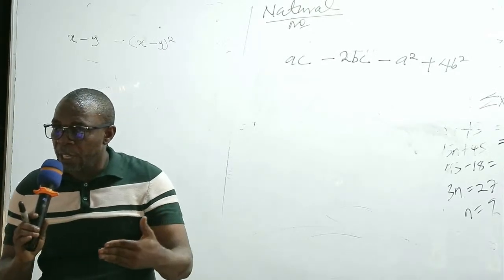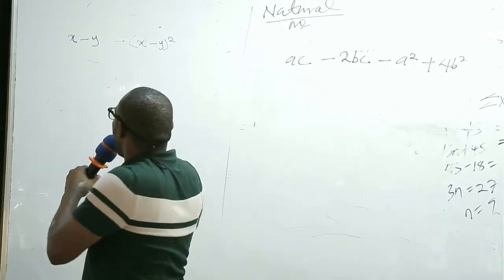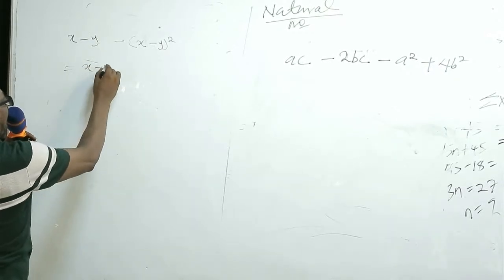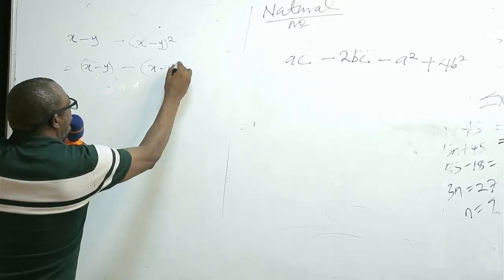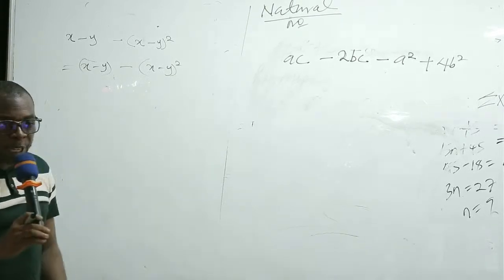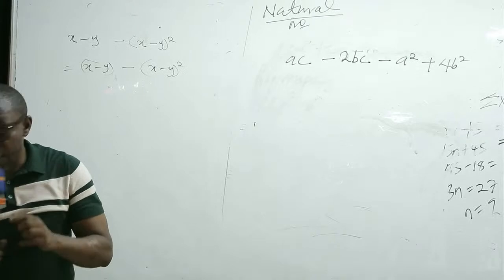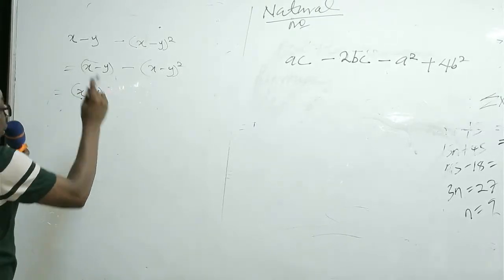I'm seeing the upper part, and I'm seeing what? Look at this part. It is just like x minus y. Then look at this part, x minus y. Do they have something in common? What is common? x minus y. So, bracket open, x minus y is common.